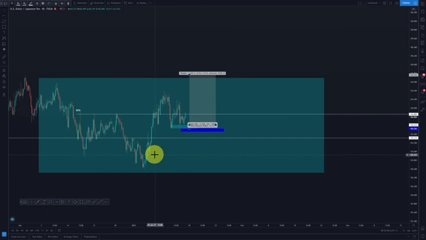So I'm sure wherever you are, you're wondering, how am I gonna get an entry? So what you're going to do is wait for this break, or either this one, because I don't think this one was just a complex retest for this one. After waiting for this one, you just wait for the market to come a bit down to retest, to give us a bit of an entry.